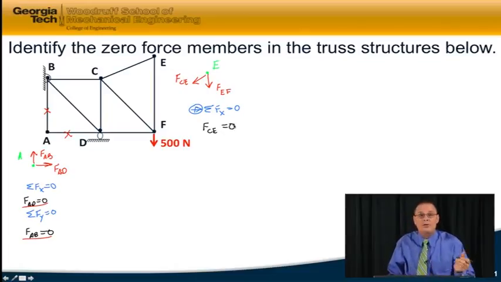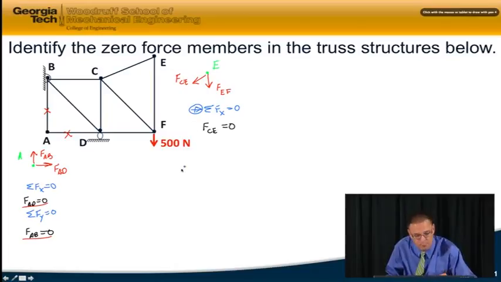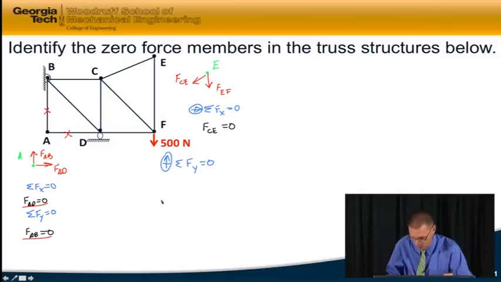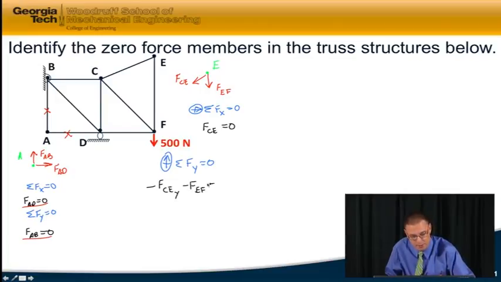And then once I find that FCE is a zero force member, I can now sum forces in the y direction. I'm going to get minus the y component of FCE minus FEF equals 0.